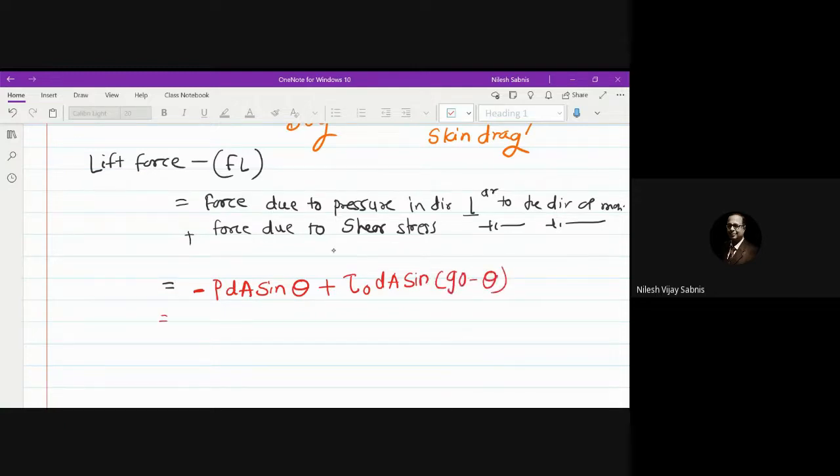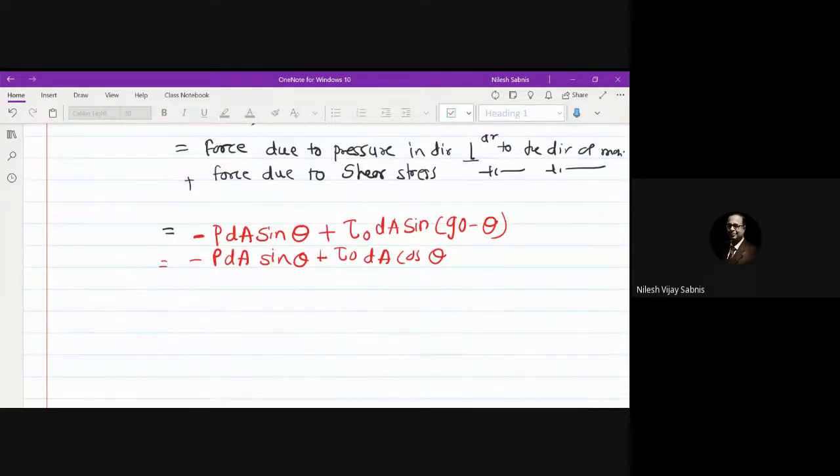So the final answer will be minus P dA sin theta plus tau 0 dA cos theta. Sin 90 minus theta is nothing but cos theta. What we considered is that downward direction is negative and upward direction is positive.